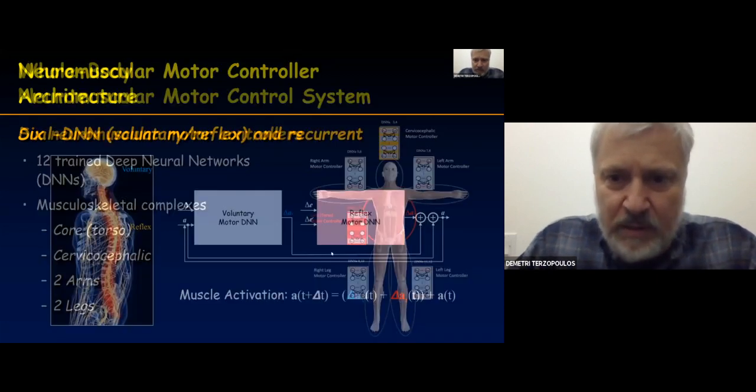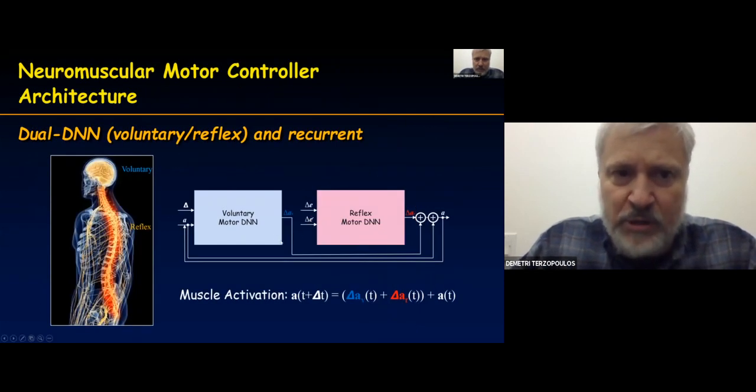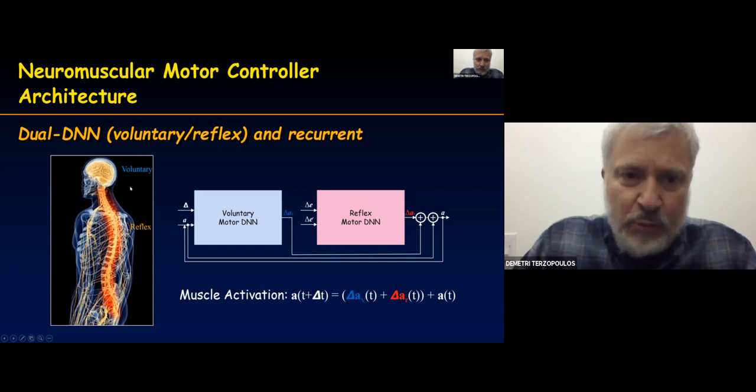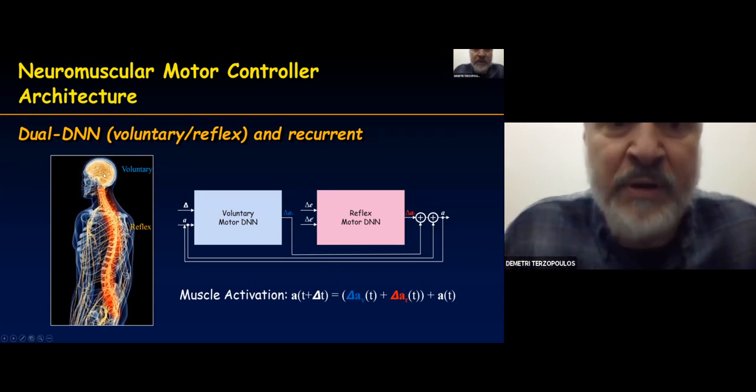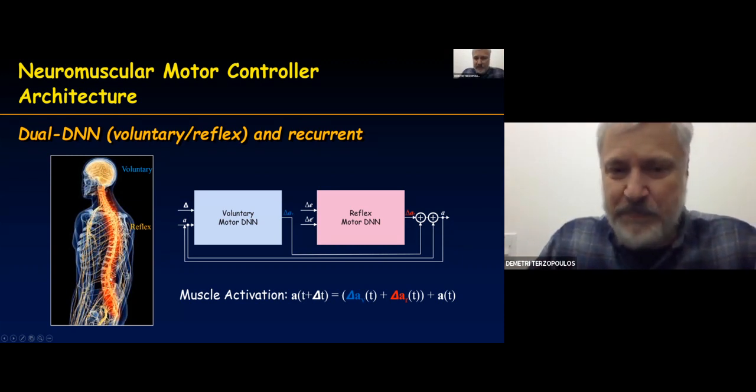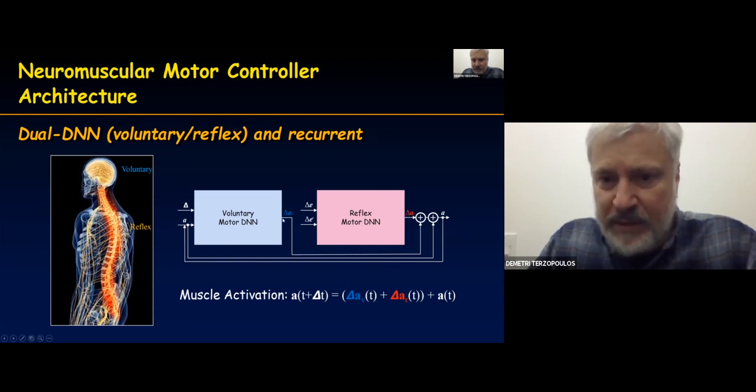And each neuromuscular motor controller, here's the architecture of it: a voluntary and a reflex motor controller. And so here it says, okay, the reflex controller is sort of spinal level. The voluntary controller is more in the motor center of the brain that does voluntary actions. But you've got spinal level reflex controllers, and they add up. The signals that come out of each of them add together to produce the final signal to send to each of the muscles.